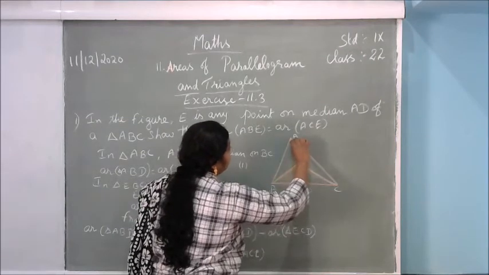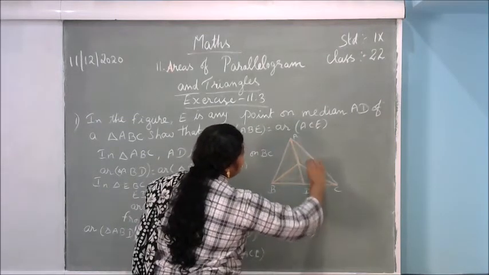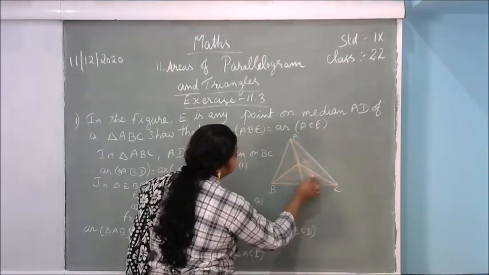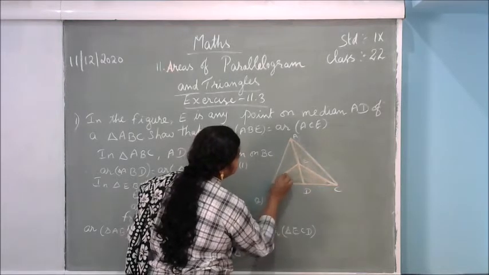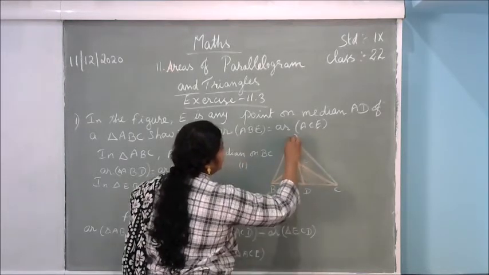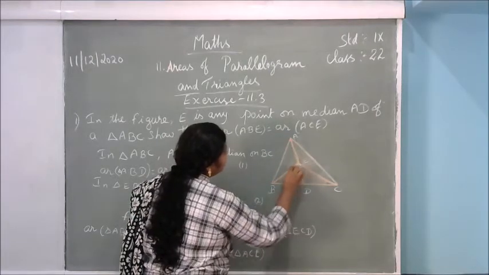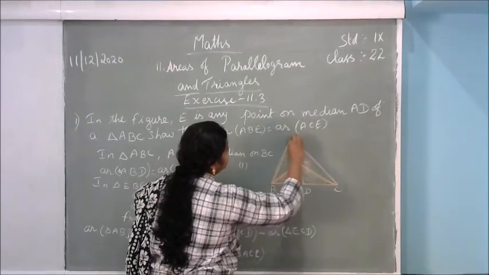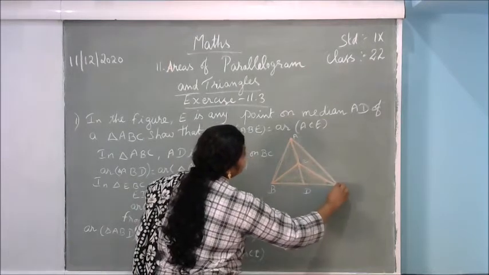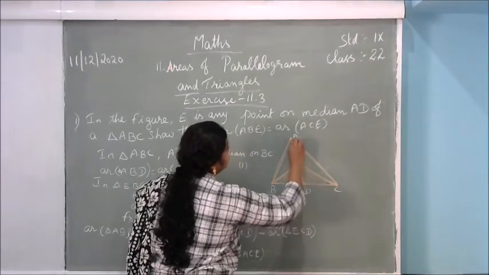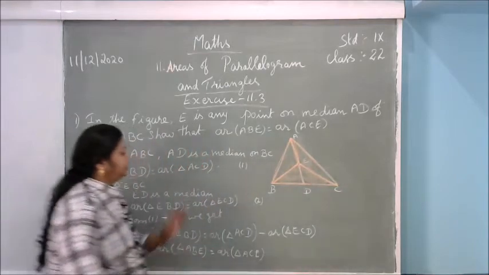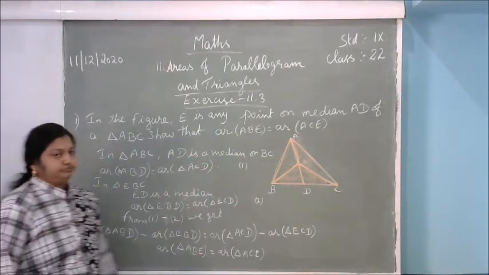The same way, this full portion minus this portion. If you subtract this portion, you will get area of AEB is equal to area of ACE. This only you have to give as the proof.